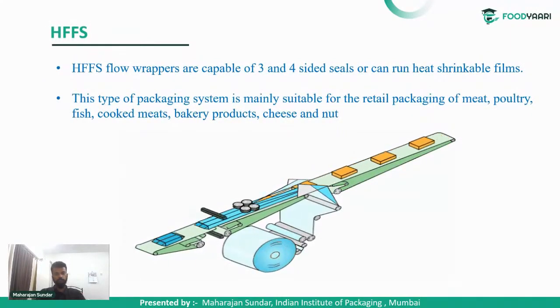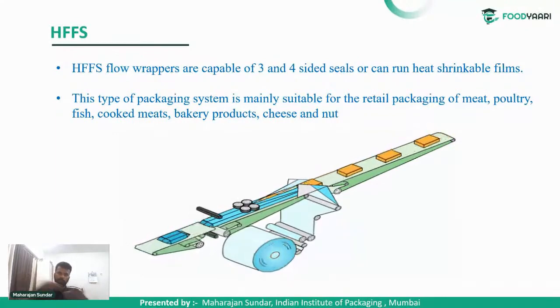Then horizontal form fill seal machines. Horizontal form fill seal machines are similar to vertical form fill seal machines, but they operate in the horizontal direction. It is used for packing goods like sweets. For example, if you get a product from Haldirams, like Son Papdi, or some other sweets from Amul, it will be packed in a thermoformed container first, which is sealed, and again over it there will be a lid.